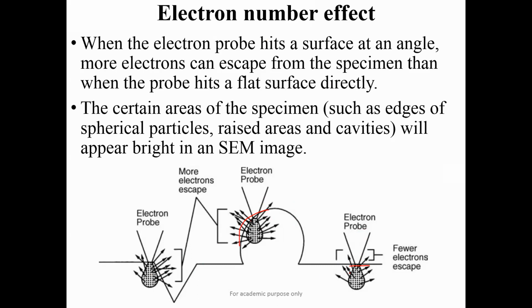That's why this area will look dull. But if you have a curved surface like this or this, a large number of secondary electrons will reach the detector. So depending upon the topology or curvature, the number of electrons reaching the detector is going to decide contrast in your SEM image.